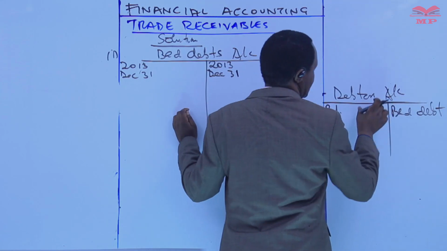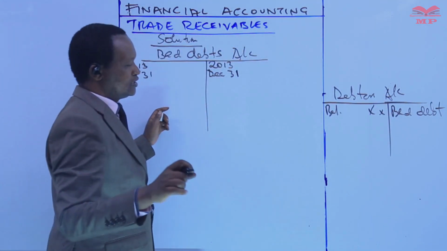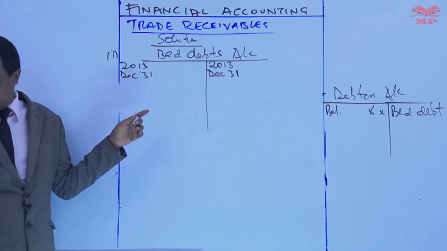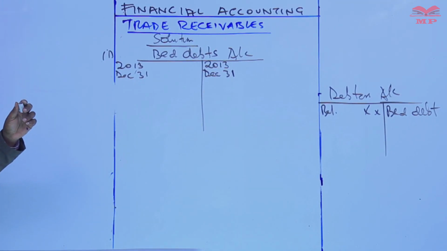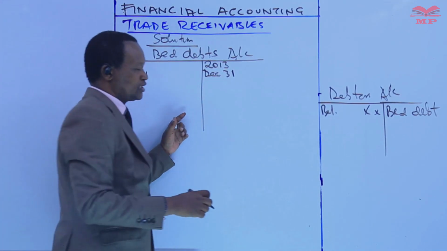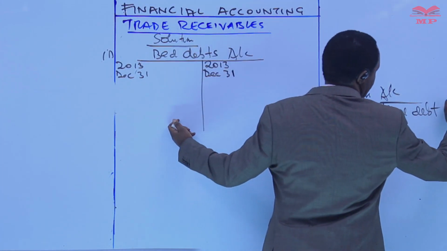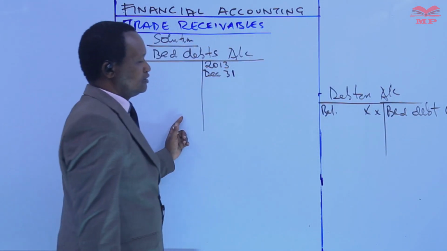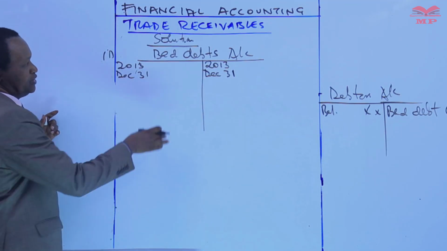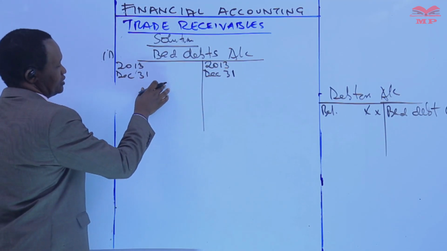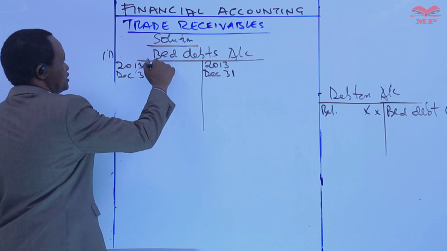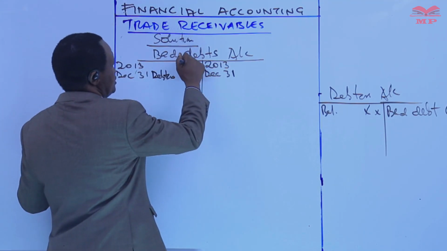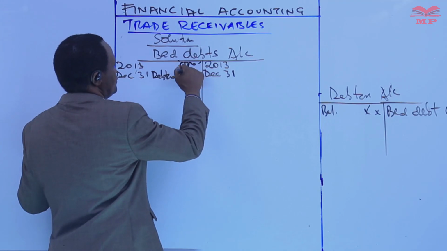Crediting the debtors account reduces the balance, and the amount is 656. The corresponding entry is to debit the bad debts account. So we write here debtors, 656.